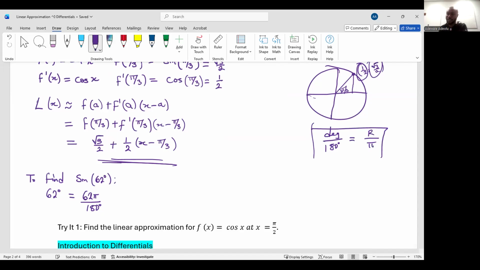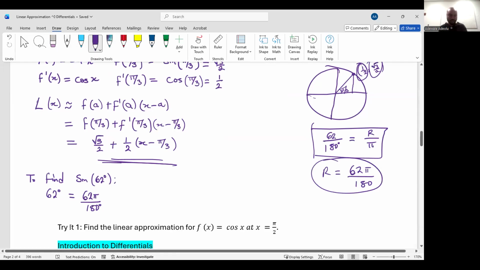If you just remember this relation, in this case we wanted to convert 62 degrees, so just replace degree with 62. So in radians, you will have 62 pi over 180. Yes, so that is the value in radian.